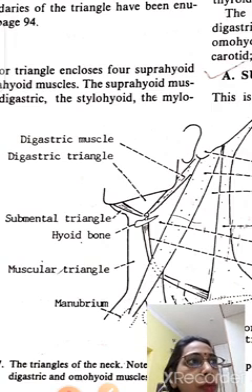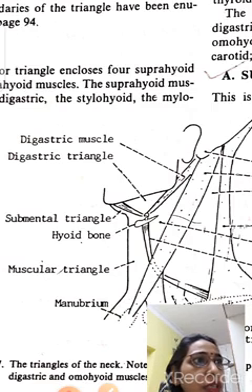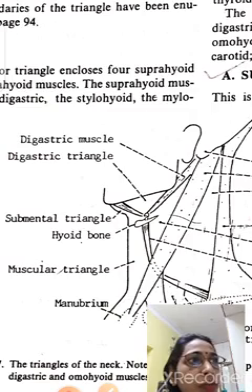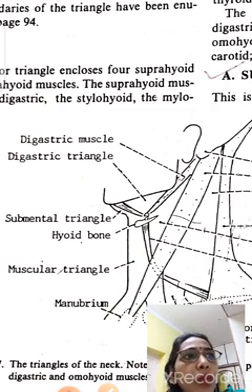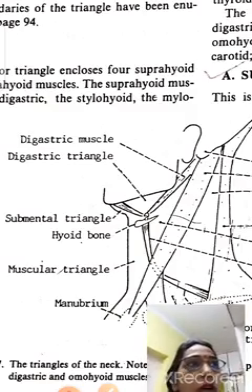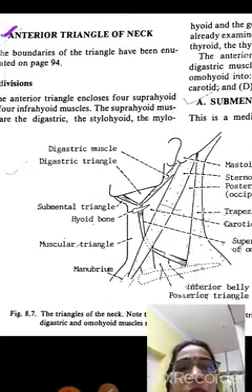The floor is formed by the mylohyoid muscle anteriorly and by the hyoglossus posteriorly. A small part of the middle constrictor muscle of the pharynx appears in the floor. So these are the various boundaries of the digastric triangle.